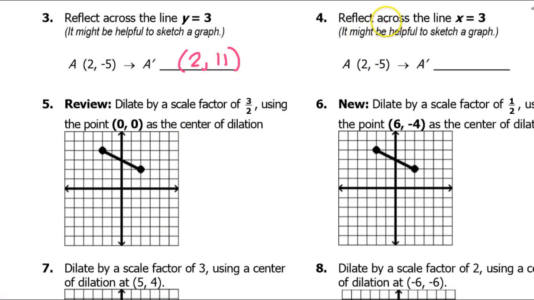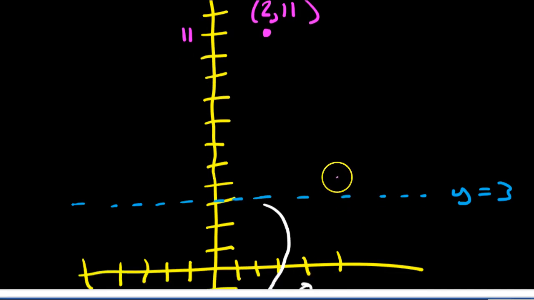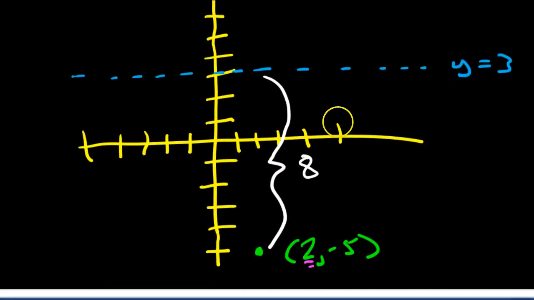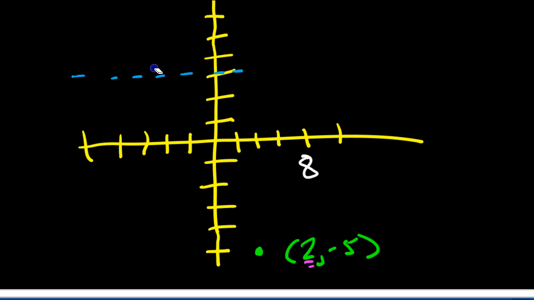Now, for number 4, we need to reflect across the line x equals 3, which is a vertical line. And we're reflecting the same point. So maybe I can use the same graph. So this time we are reflecting over the line x equals 3. So that's a vertical line at 3. So this is the line x equals 3.